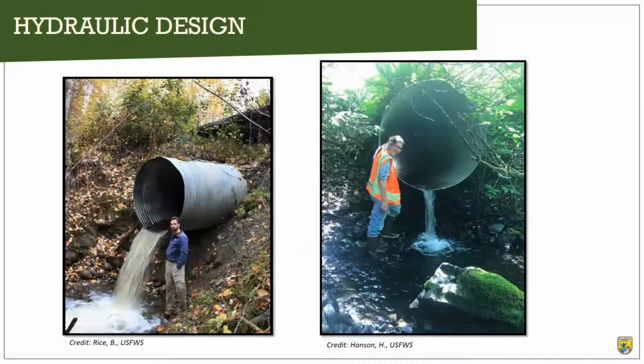And as Matt mentioned, this typically causes degradation downstream. Usually these are installed at grade, and these perches develop over time. And once they become perched, then they become barriers, of course.